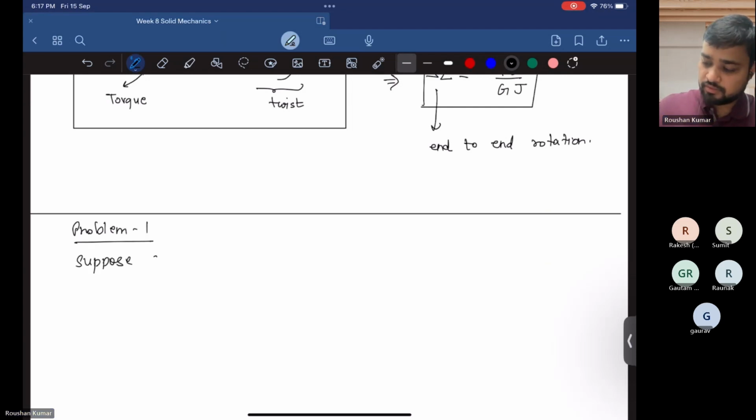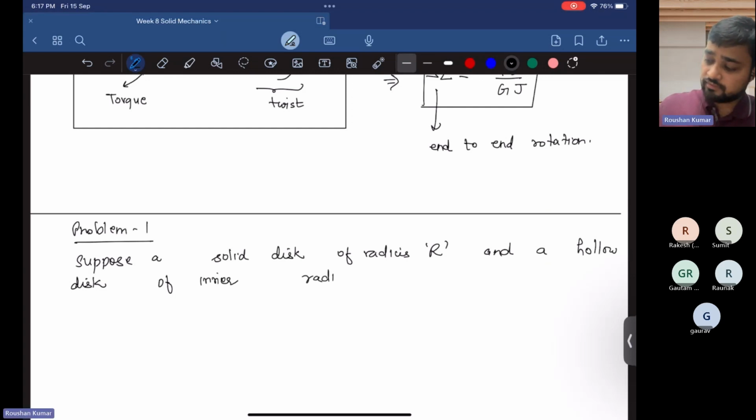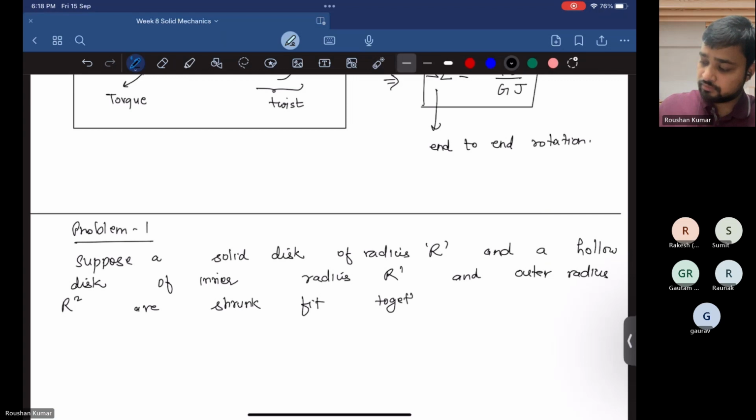Suppose a solid disk of radius R and a hollow disk of inner radius R1 and outer radius R2 are shrunk fit together. Assuming that R is greater than R1.